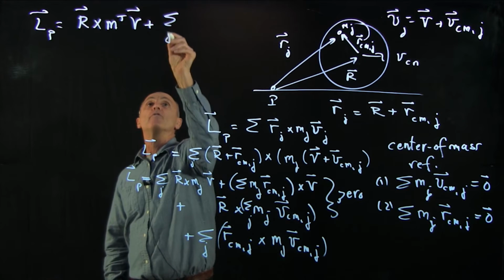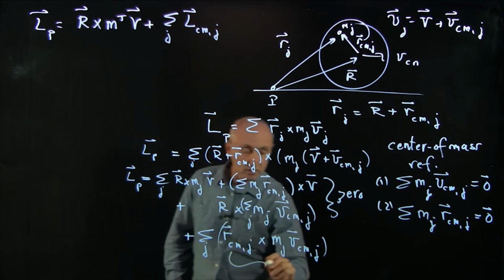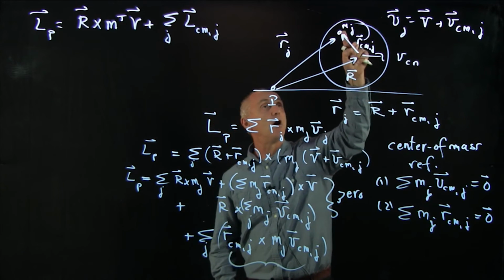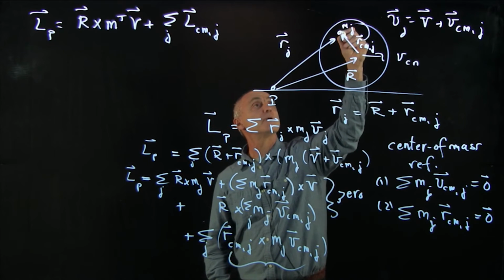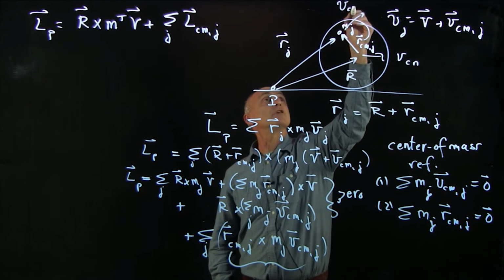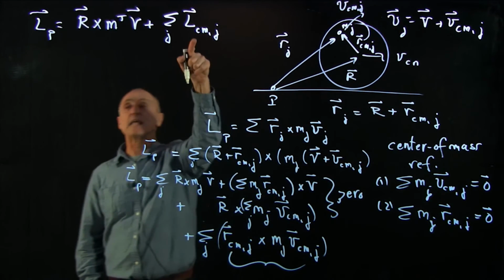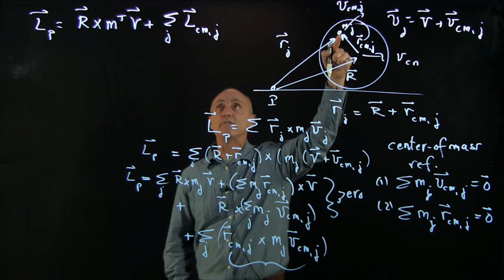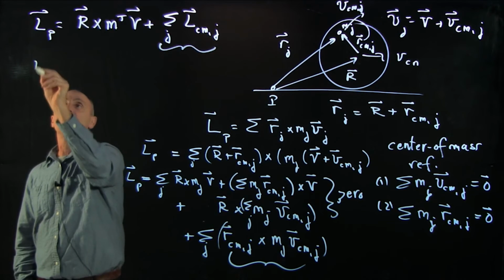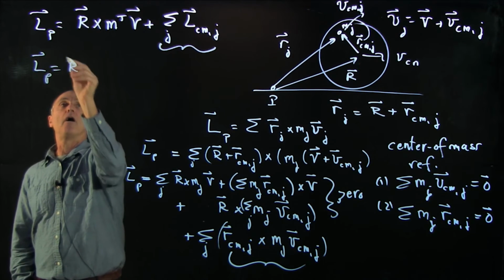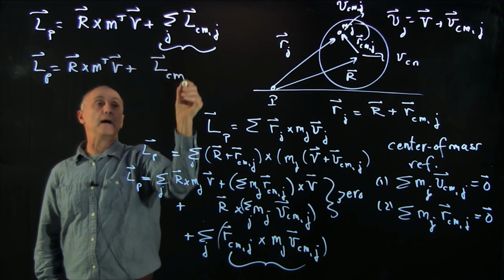So that's the sum over j of LCMj, because rcmj cross mj vcmj, say whatever speed this is in the center of mass frame. It could be vj minus capital V. This is exactly the angular momentum of that jth mass in the center of mass frame. And when we total all of this up, we have R cross m total V plus LCM.